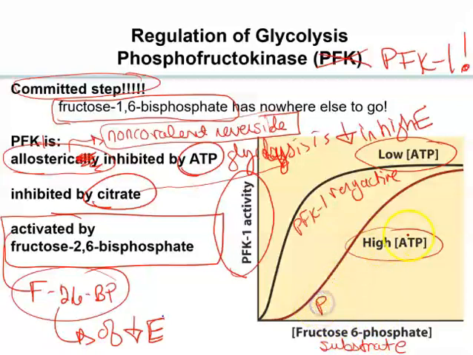And so when there's high ATP, PFK1 is not very active. And so the flow through glycolysis is responsive to the energy needs of the cell.